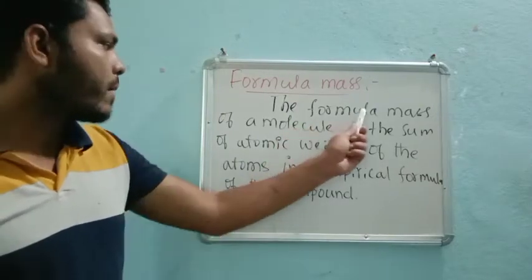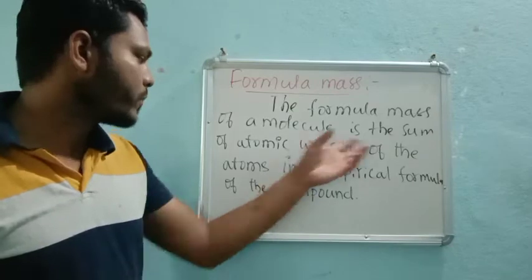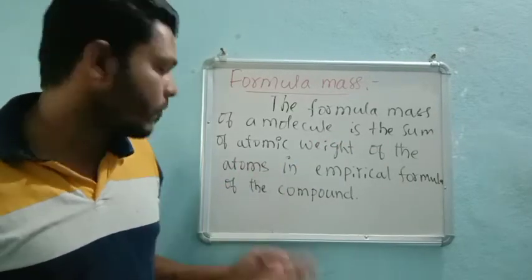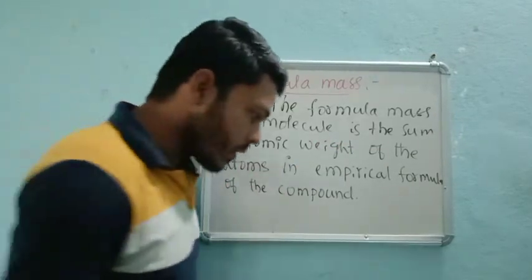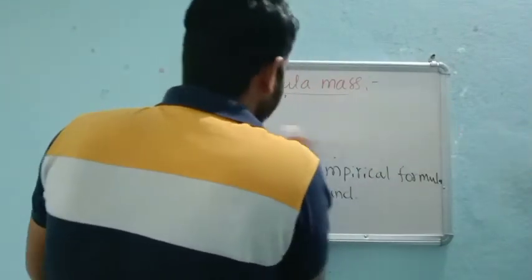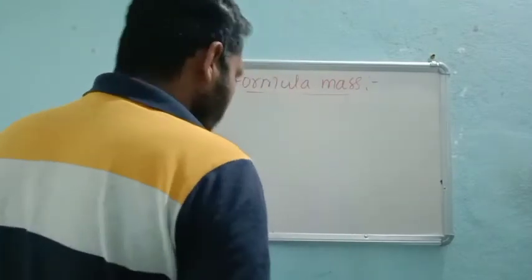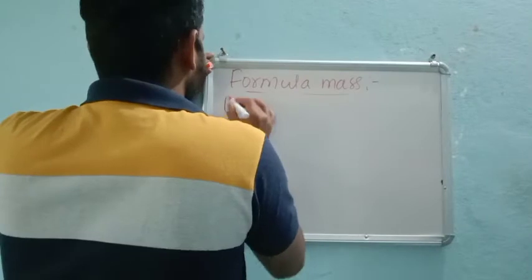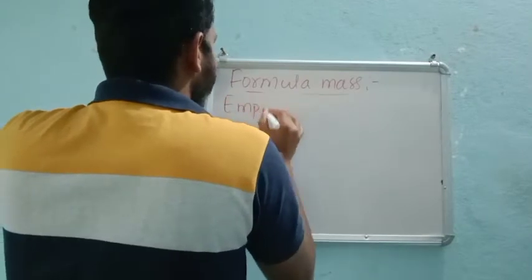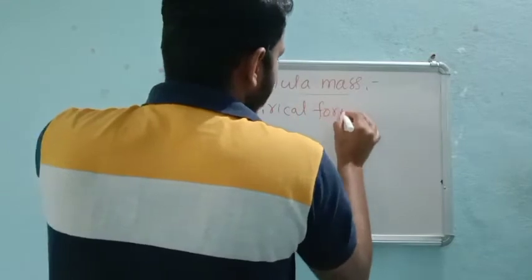So the formula mass of a molecule is the sum of atomic weight of the atoms in the empirical formula of the compound. So now let me introduce these two concepts, molecular formula and empirical formula. Empirical formula we will see first, and then later we will see the molecular formula.